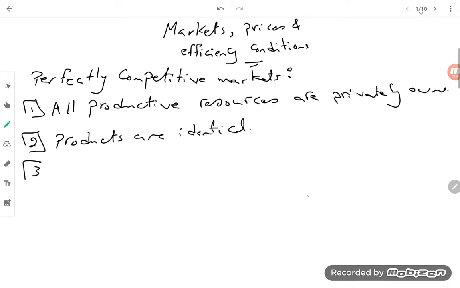Number three, producers and consumers are price takers, so no one of them can affect the price. And number four, relevant information is freely available.